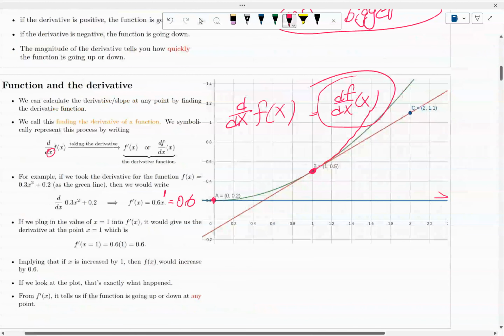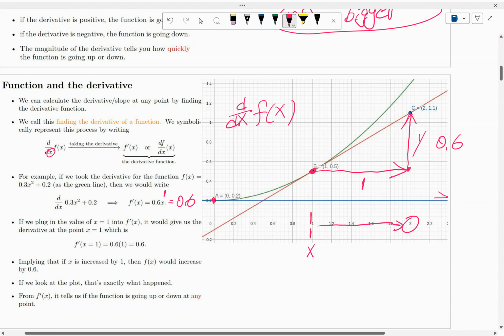So if you go to the right by 1, it's going to go up by 0.6. And you can see this point is 1.1, this point is 0.5, the difference is 0.6. So that's what the derivative is telling you: how fast it's going up, how fast it's going down. I just showed you what it means when we plug 1 in.